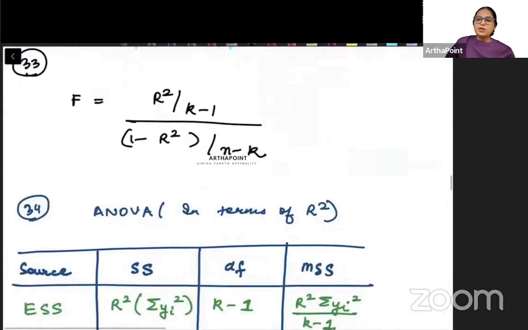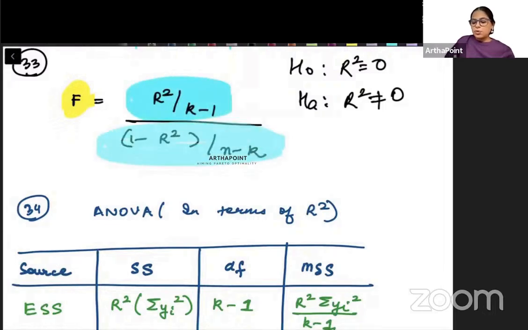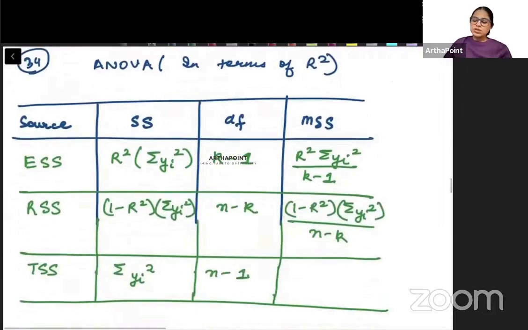Okay. Now, if you were to go ahead and do an F test for R square beta, जहां पे मेरा null hypothesis है कि R square is 0 and alternative hypothesis है R square not equal to 0. So in that case, your F test will be R square divided by k minus 1 upon 1 minus R square divided by n minus k. Okay.